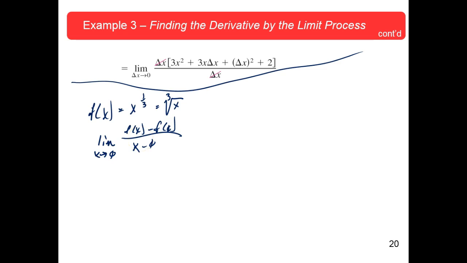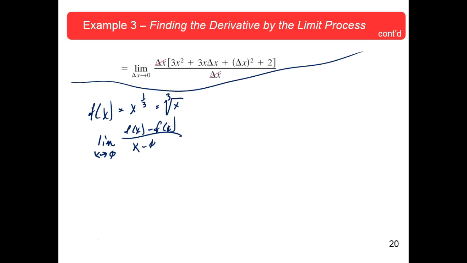Remember our good old test when we were just doing limits: we would say, plug it in. f of 0 would be 0, minus 0, so that's 0 over 0, indeterminate.